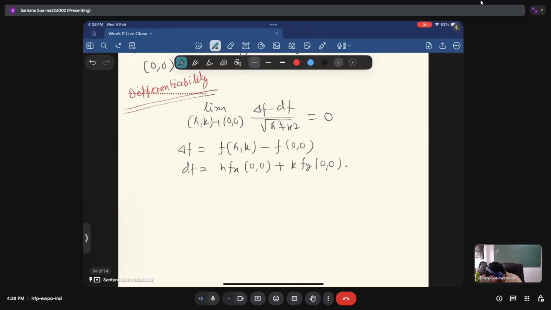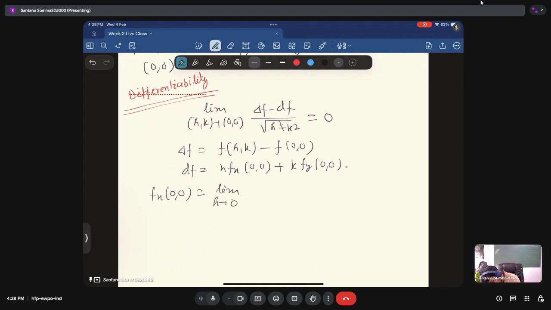Correct. So now let us try to find what is fx 0, 0. So fx 0, 0 is nothing but limit h tends to 0, f of h comma 0 minus f of 0 comma 0 divided by h.